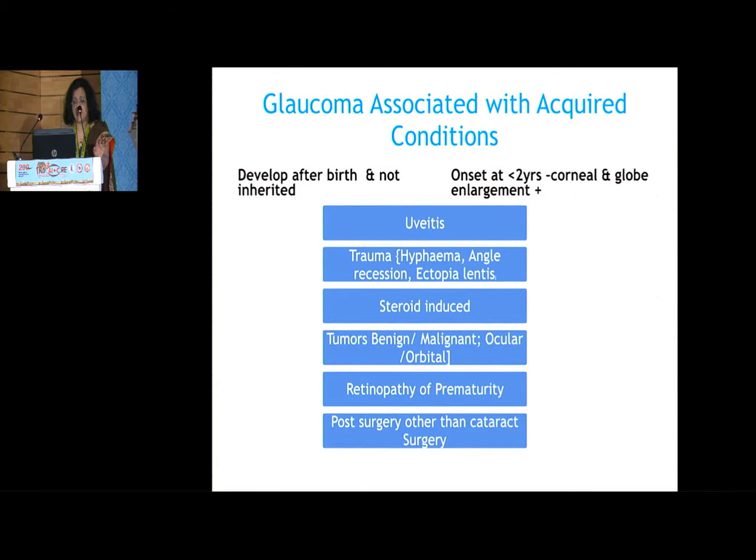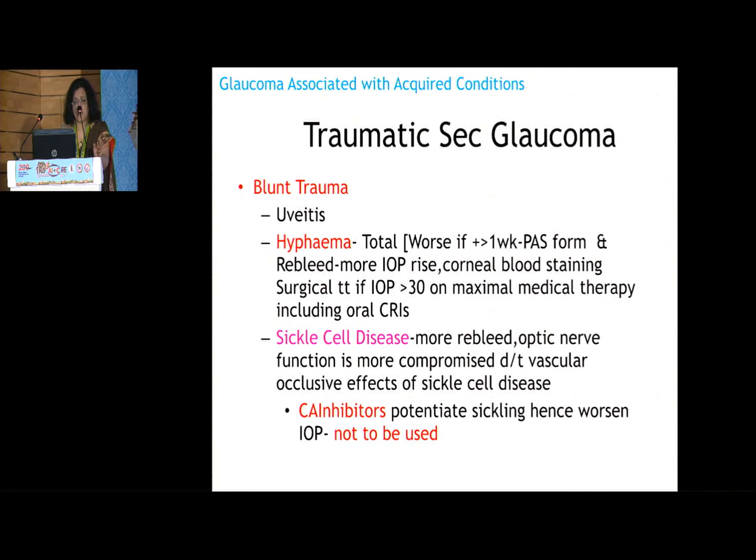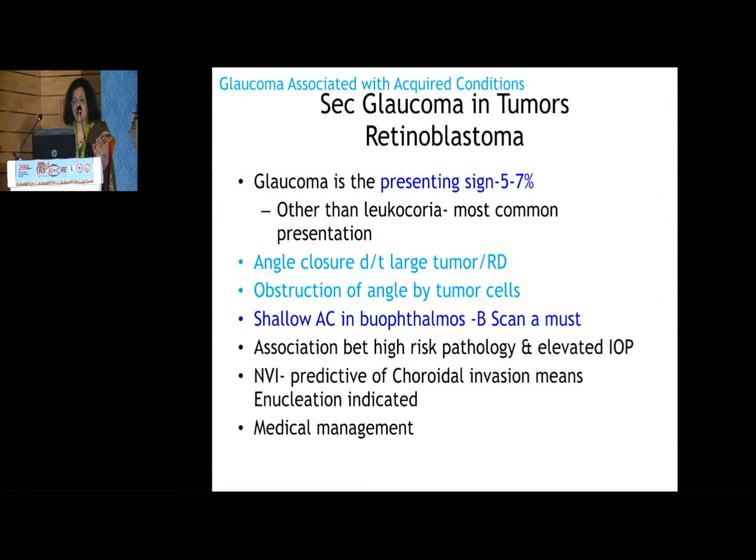The other thing that we need to remember is traumatic secondary glaucoma, which Dr. Rita has wonderfully covered, so I will not be going into it. Again, remember, the second most common presenting feature for a retinoblastoma, apart from leukocoria, is glaucoma. So please ensure that you always have the retina checked whenever you are looking at a patient with high IOP in a small child.